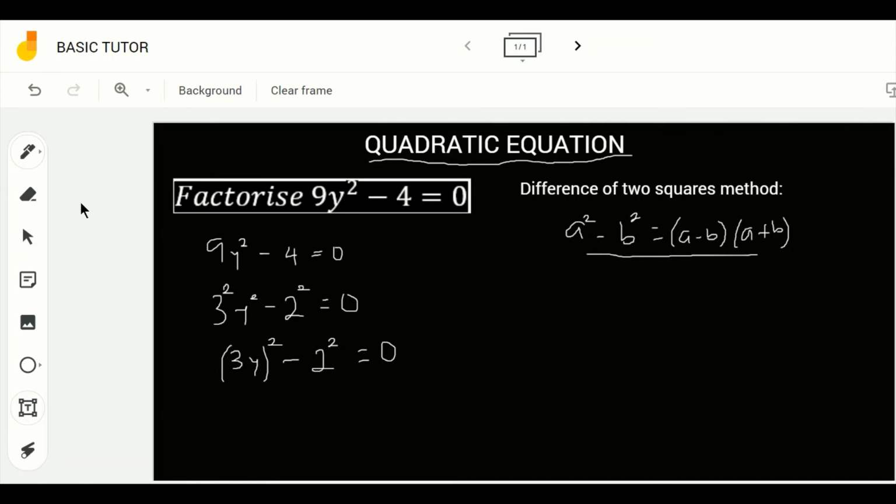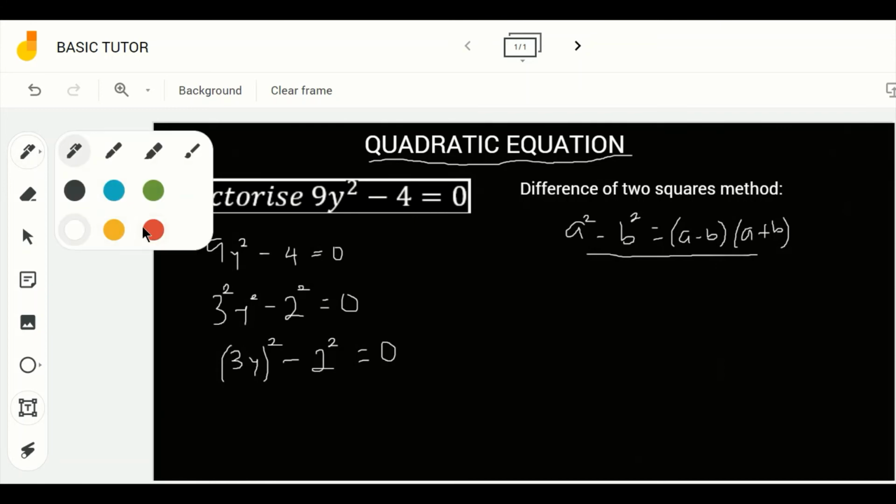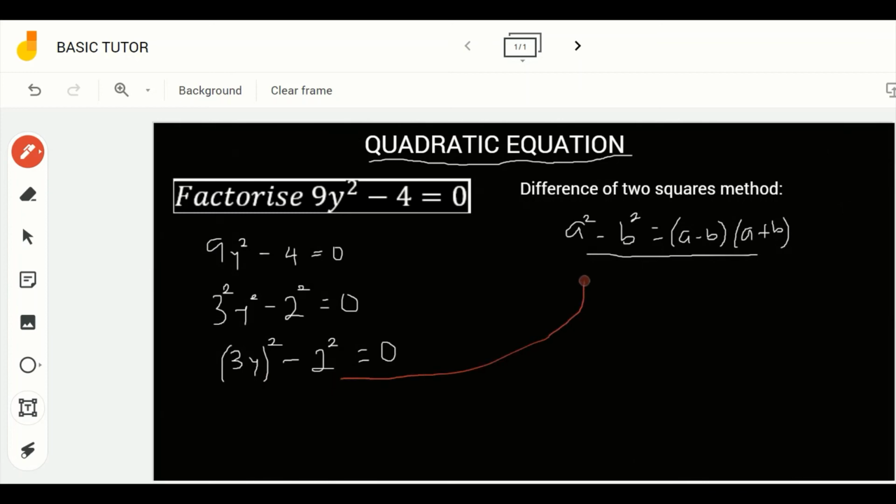Now what you are seeing here is that 3y all squared minus 2 squared is the same as a squared minus b squared. So I can write this as a difference of two squares, which states that if we have a squared minus b squared, the factor would be a minus b times a plus b.